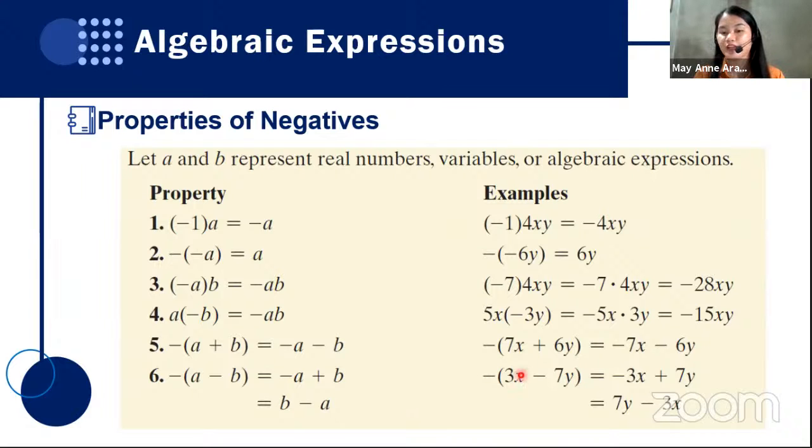For example, negative times the quantity of 3x minus 7y: that is negative 3x, and negative times negative is positive 7y. Just rewrite this in this form kasi most of the time sinusulat natin na nasa unahan yung positive kapag sa expressions. So you have 7y minus 3x.